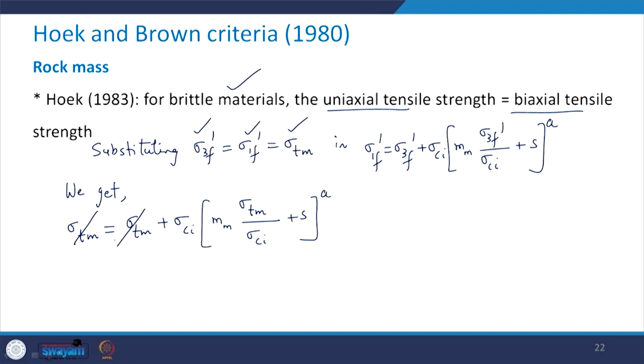So, what you are going to get from here is sigma Tm into mm sigma Tm upon sigma Ci plus s would be equal to 0, and therefore we will get sigma Tm equal to minus s sigma Ci upon mm.